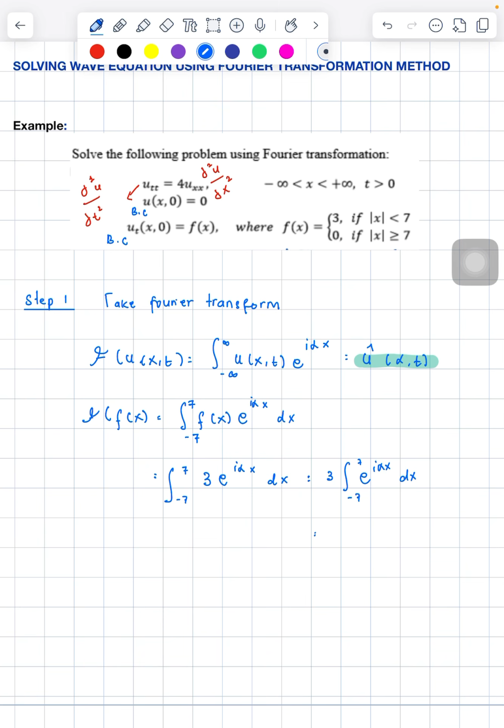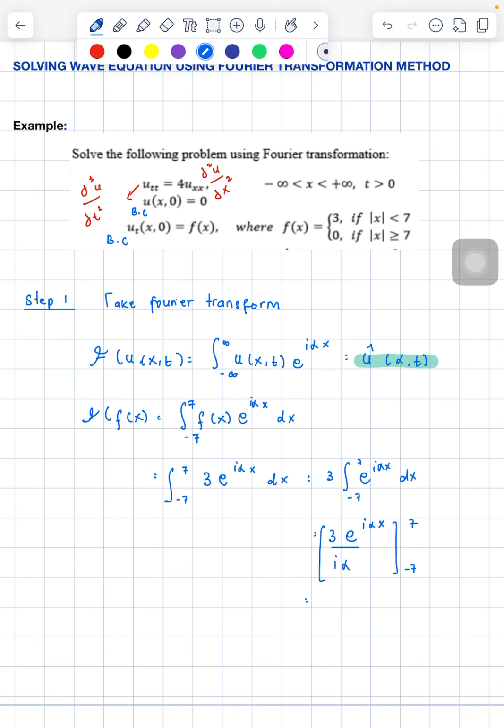We replace f(x) with our function, 3. So the integral from -7 to 7 of 3 e^(i alpha x) dx. The 3 we can put outside. Integrating the exponential e^(i alpha x), we get 3 outside, e^(i alpha x) over i alpha, from -7 to 7.